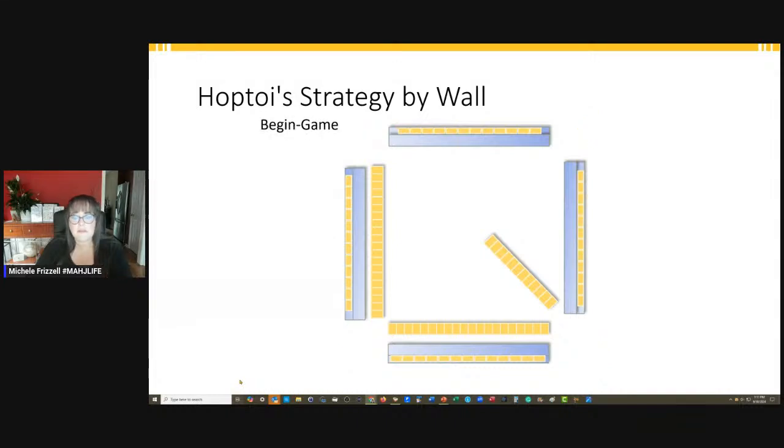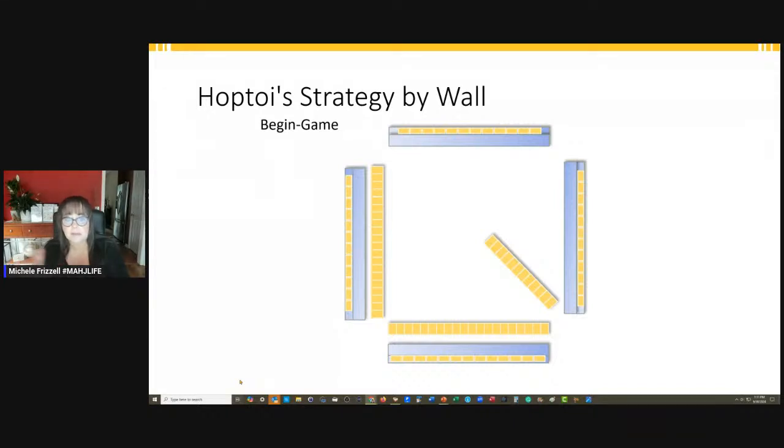Then after East discards the first tile, that short wall is the begin game. This is typically the first 5 discards, and a lot can happen in those first 5 picks, or not. Because if you get keepers in this first wall, the first 5 discards, it can change your position in the game and your outlook, and the level of risk that you can take when you play the game.